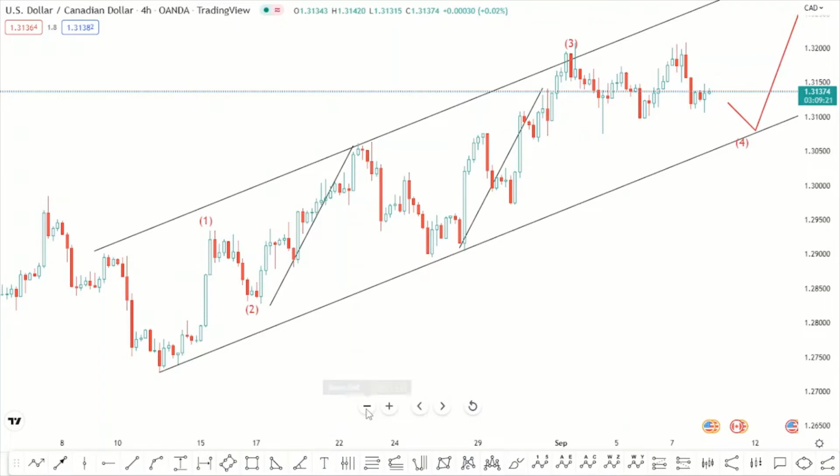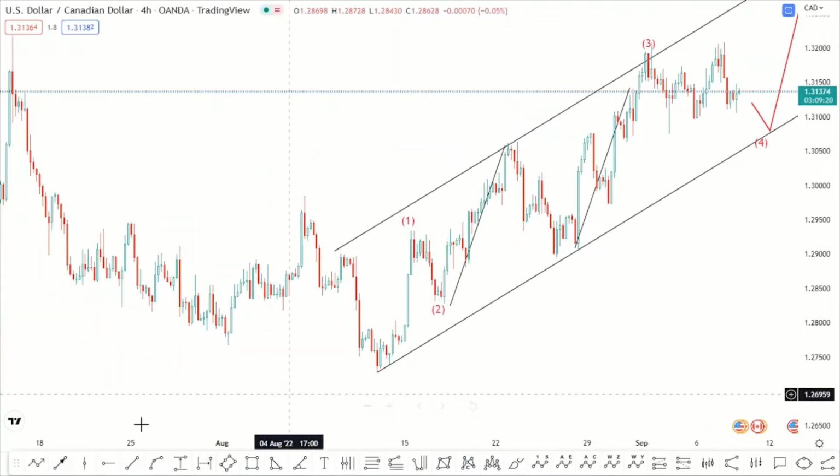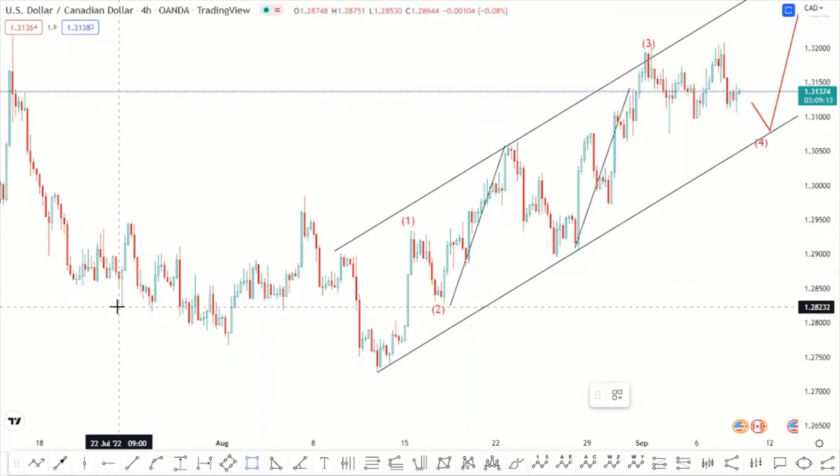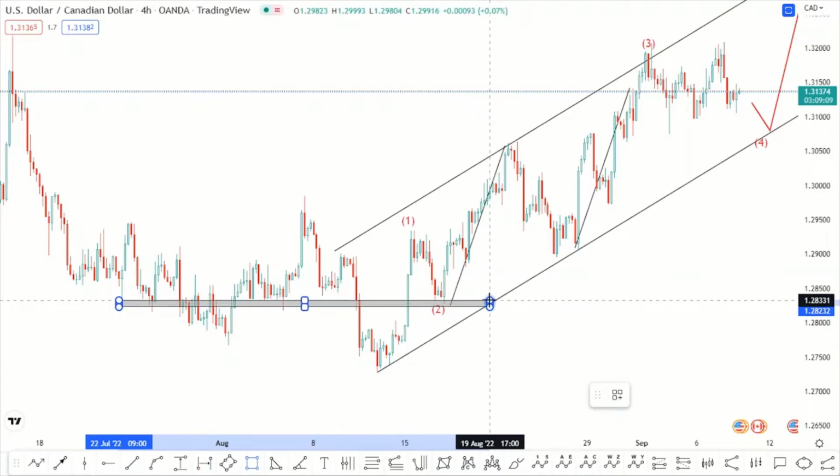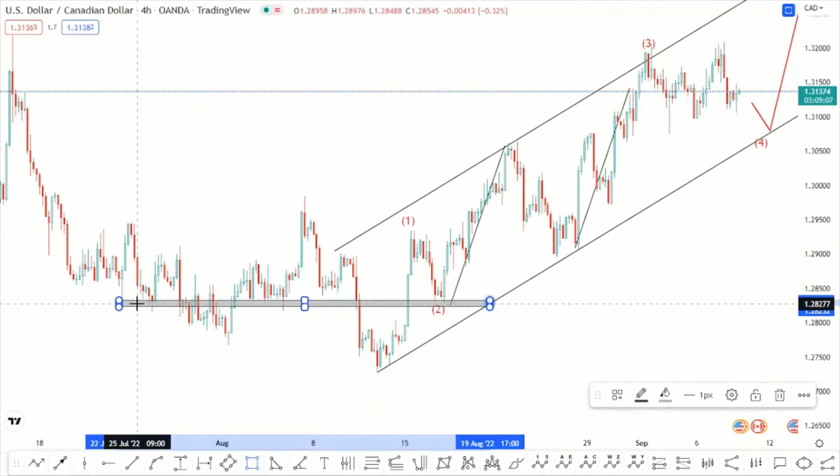So let's try to align it with some other supports and resistances, as I've told you before in a previous video where we analyzed using price action: these previous supports over here tend to be resistances, and then when we break above them, they tend to be supports again, and then the price goes up.